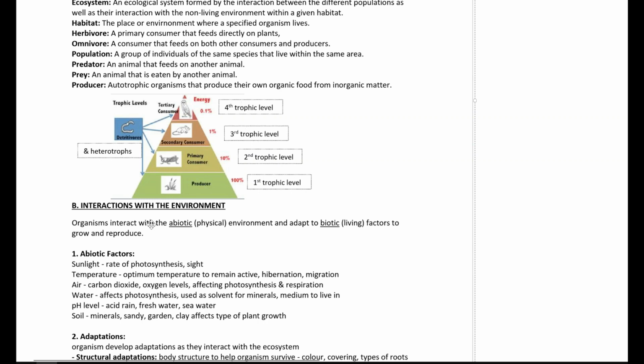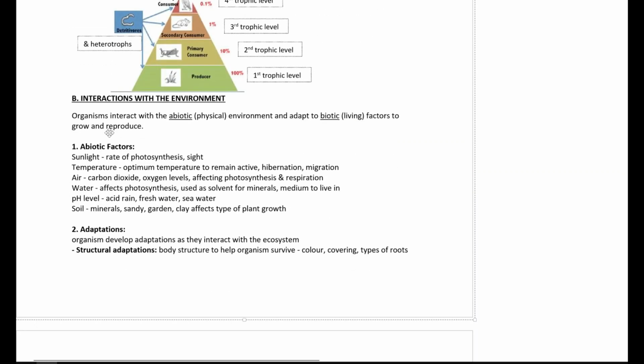Interactions with the environment: abiotic factors are the non-living factors. Not necessarily everything at one time; different factors apply depending on the environment. If it is a muddy area, for example, then things like the pH level of the soil and the roots of the plants, like mangrove swamps, will be affected.